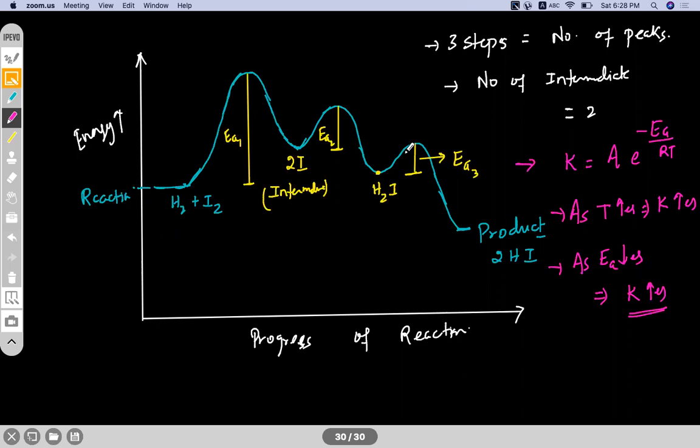What is your answer? The third step. The one which has the highest activation energy is the slowest step.